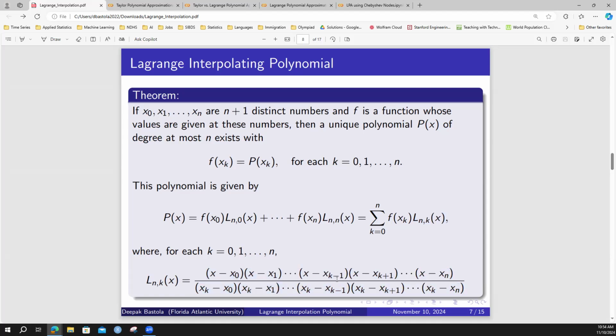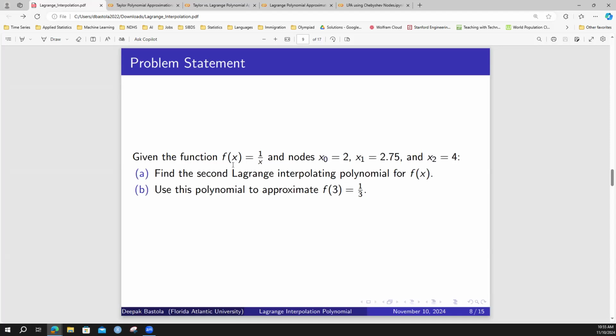So this formula works when your xi should not be equal to xk, otherwise you would get 0, right? So we just avoid those conditions, and then this is how we get L_{n,k}, and we find this L_{n,k} using this formula, and we just apply it here, and we get the polynomial P(x), and that will be a better approximation for the function f(x). So this is what the Lagrange theorem is. All right.